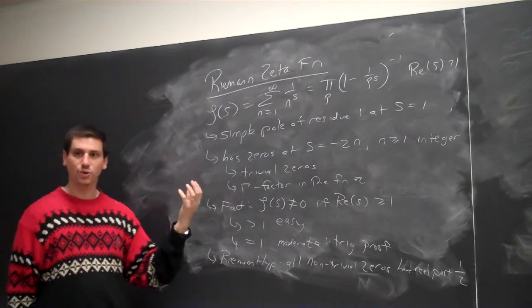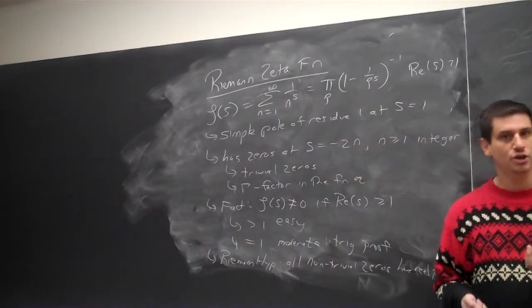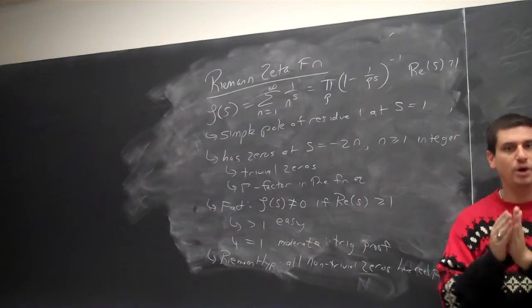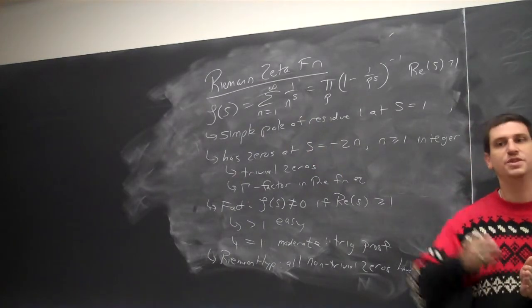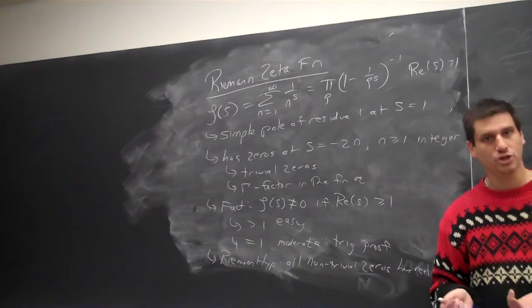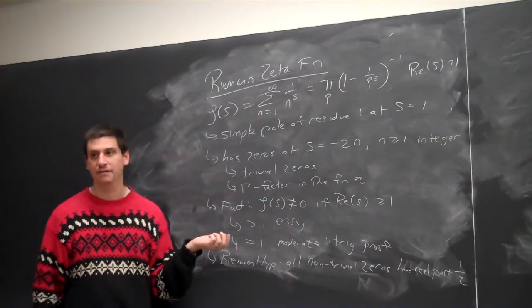So when you look at the functional equation, we relate the values at s to the values at 1 minus s. So if we can understand the values from 1/2 onward, we understand what's going on from 1/2 below. So if there's a 0 at 1/4, there's a 0 at 3/4, and vice versa. So we only have to study for the real part of s greater than or equal to 1/2.